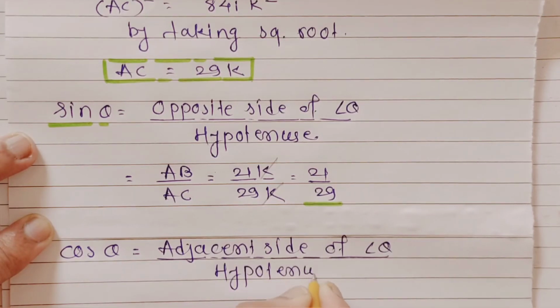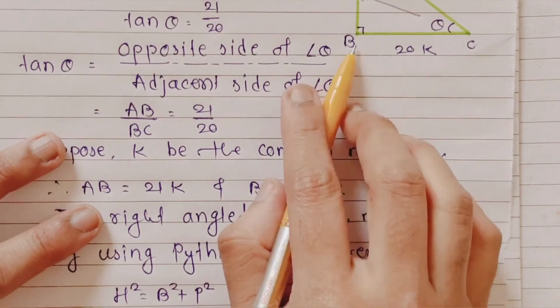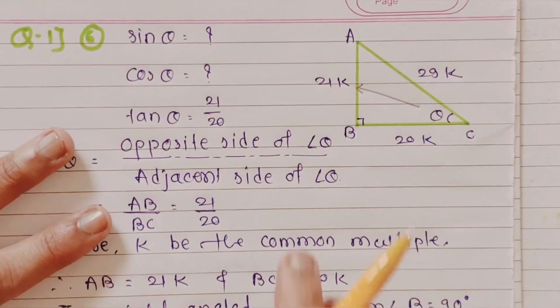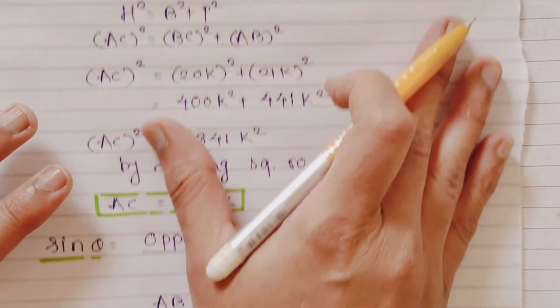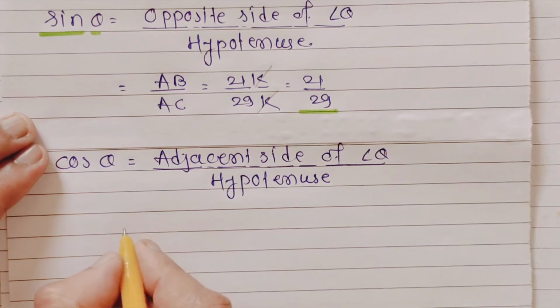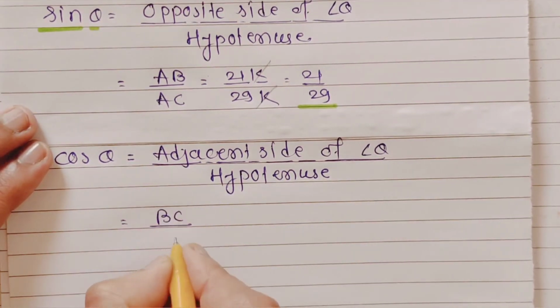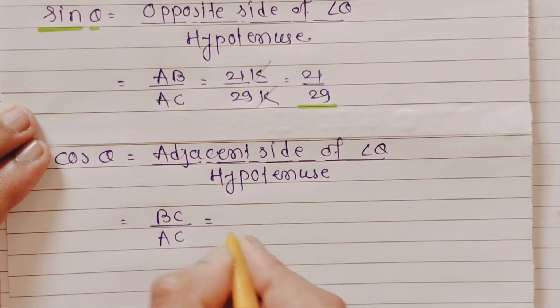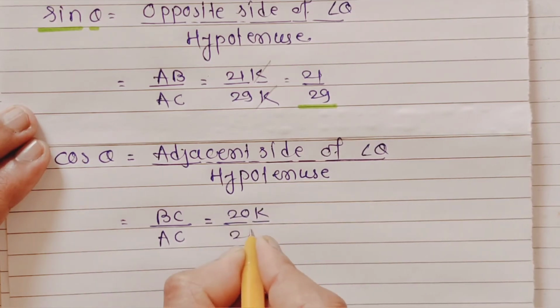So see the figure, adjacent side of angle theta, that means BC upon hypotenuse, that means AC. So cos theta is equal to BC upon AC, which is 20k upon 29k.